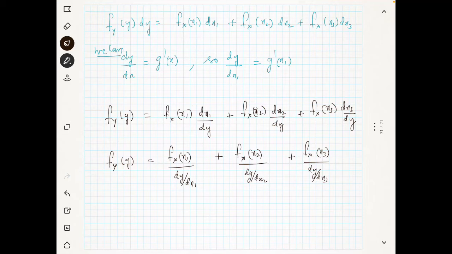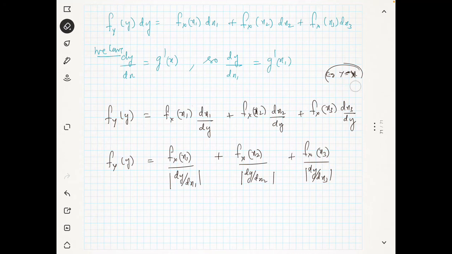But you know that we will try to avoid the problem that the PDF takes a negative value, so we'll take the absolute value here. Otherwise, if you have a function like y equal to minus x, then your PDF sometimes will take a negative value because the derivative is minus 1.